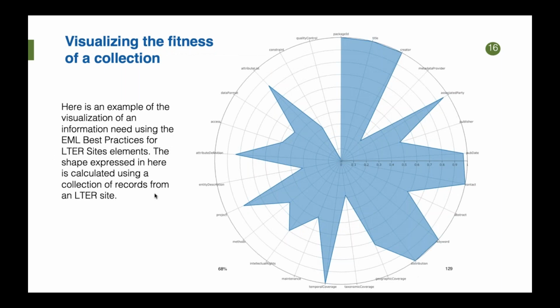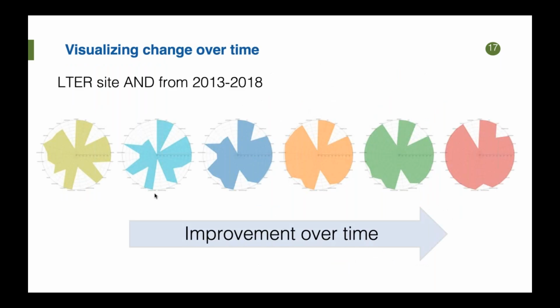And this gives us a quick way to look at whether a collection is going to meet those information needs, in this case, whether it's going to be FAIR for our users. And then we can use that to show improvement over time or to compare between different versions of the catalog.